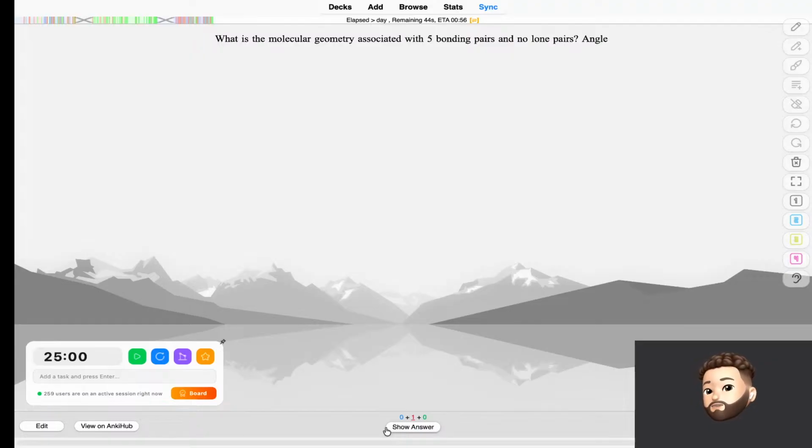Associated with five bonding pairs and no lone pairs, it's gonna be trigonal bipyramidal. I distracted myself in my head enough to forget. It's gonna be 90, 120, and 180.